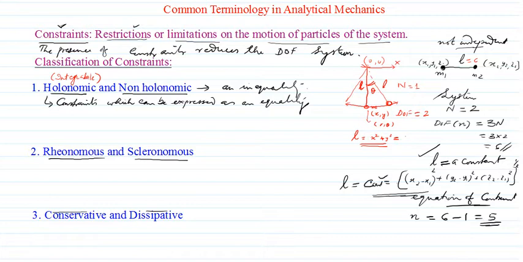Instead, you can reduce the number of degrees of freedom by 1 due to the presence of a holonomic constraint. The actual degree of freedom for this system, the simple pendulum, is reduced from 2 to 1: 2 minus 1 equals 1, where 1 is the number of holonomic constraints present. So it is enough to mention theta. Theta is the single coordinate that is enough.